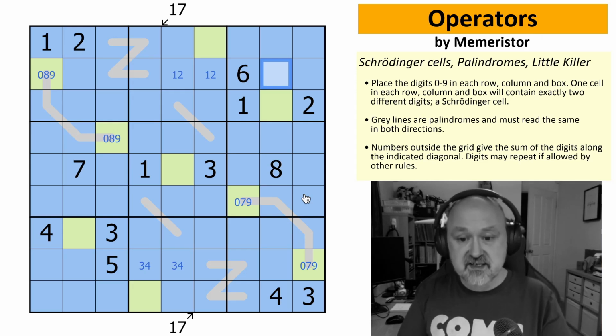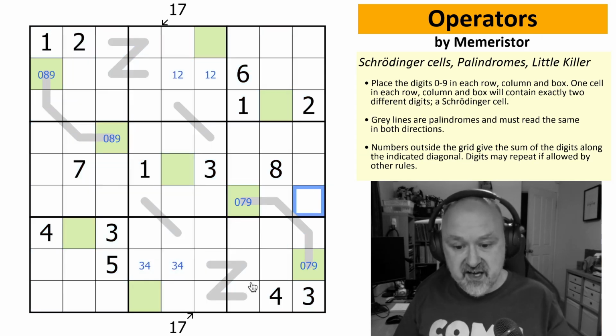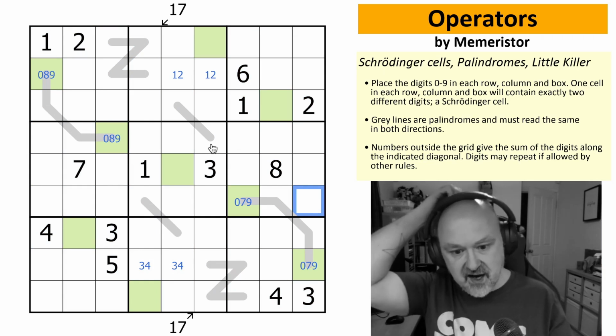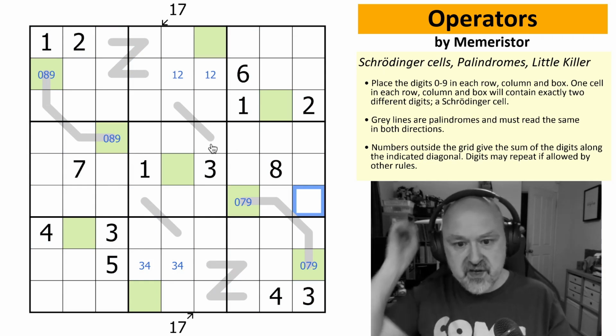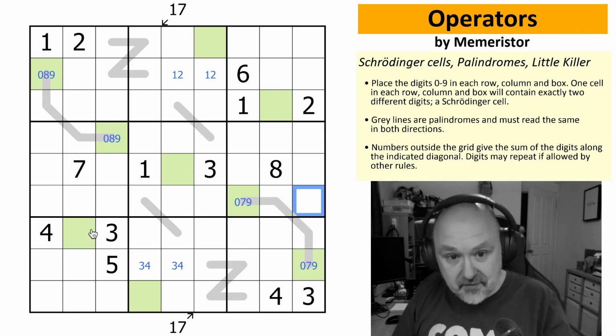I haven't solved it yet, but the way that it is very approachable for how you can determine where your Schrödinger cells are is beautiful. Now I just need to figure out what to do, because I've got no clue.